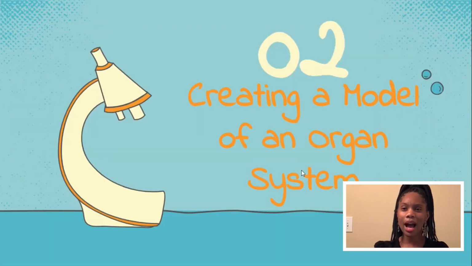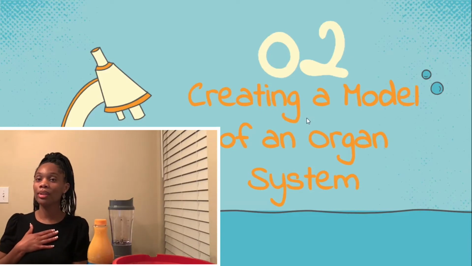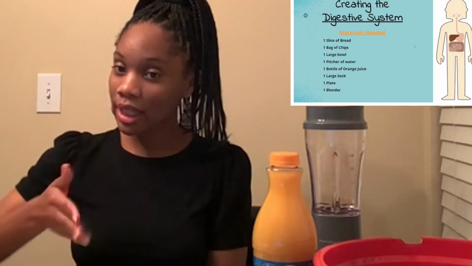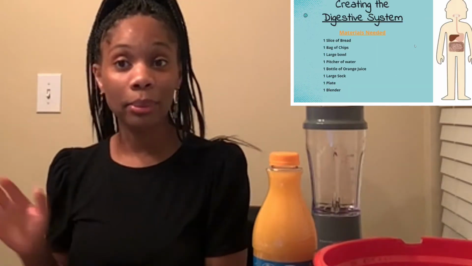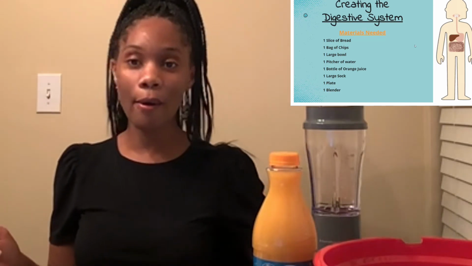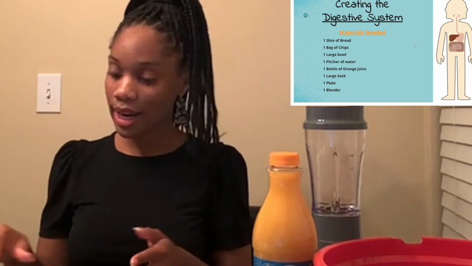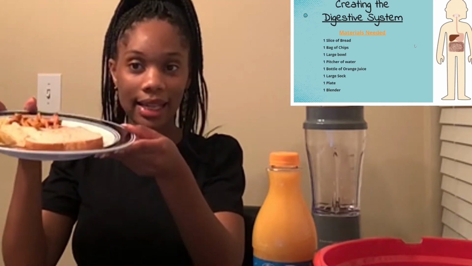Now, let's talk about how we can create our own model of an organ system. So, I chose to do the digestive system. So, the materials you need to be able to do this activity at home are one slice of bread, so I have that on my plate.